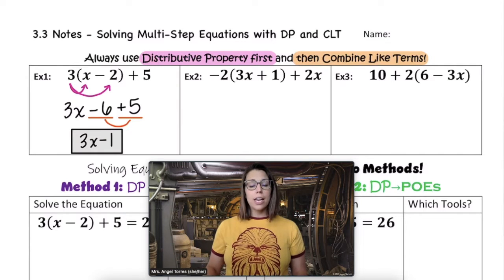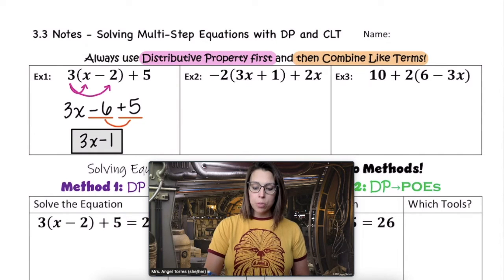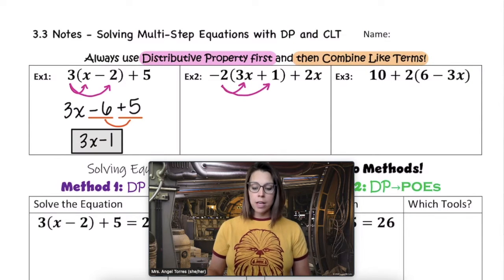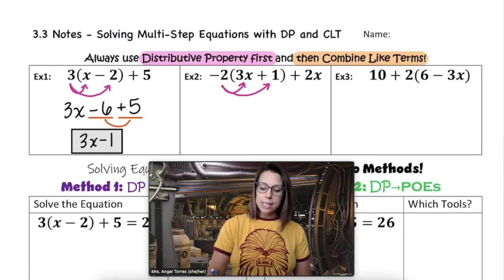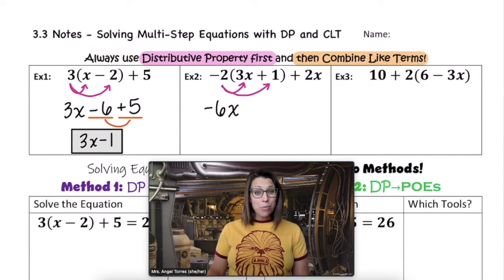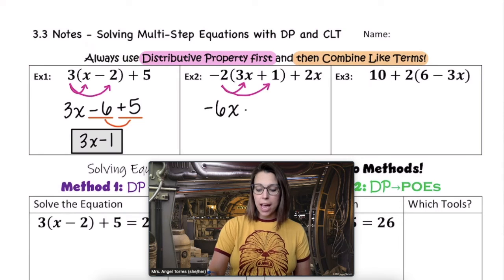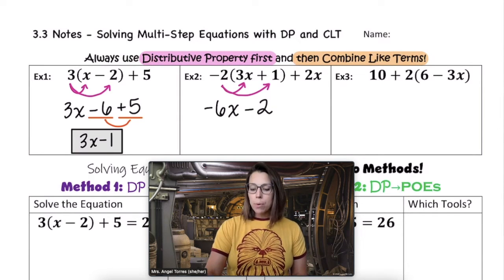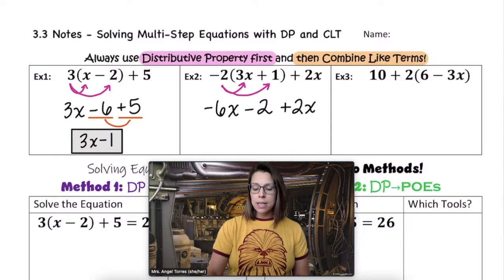Taking a look here at example 2, again applying distributive property first, but be careful, now we are distributing a negative. Negative 2 times 3x is negative 6x. Negative 2 times a positive 1 is going to change that to a minus 2 or negative 2 and bring down my positive 2x.